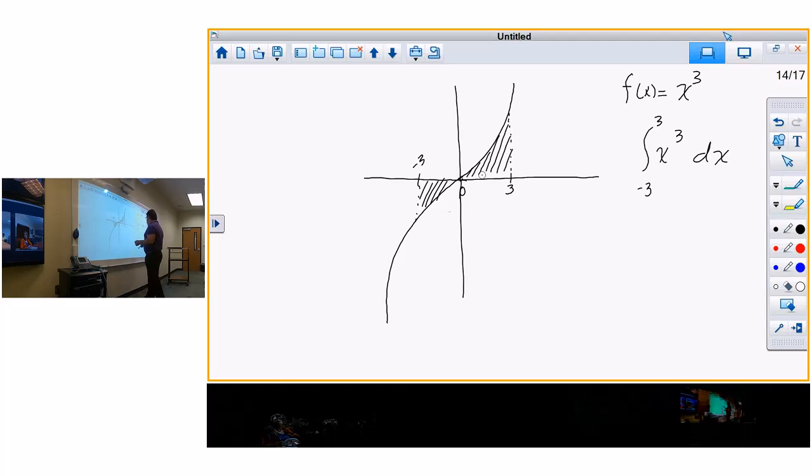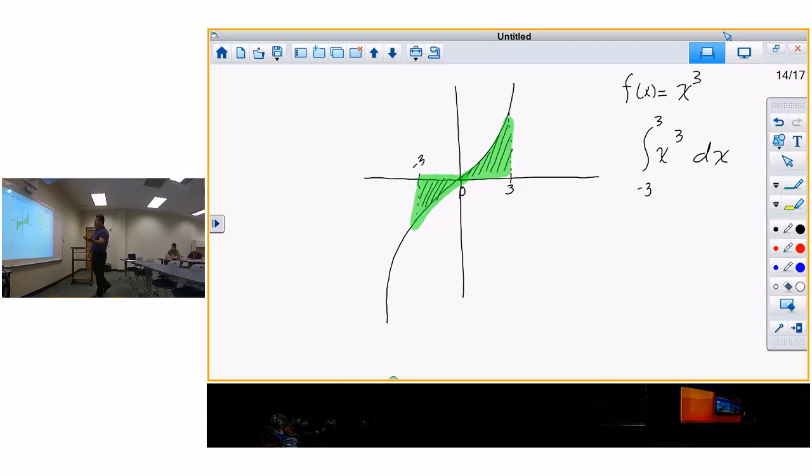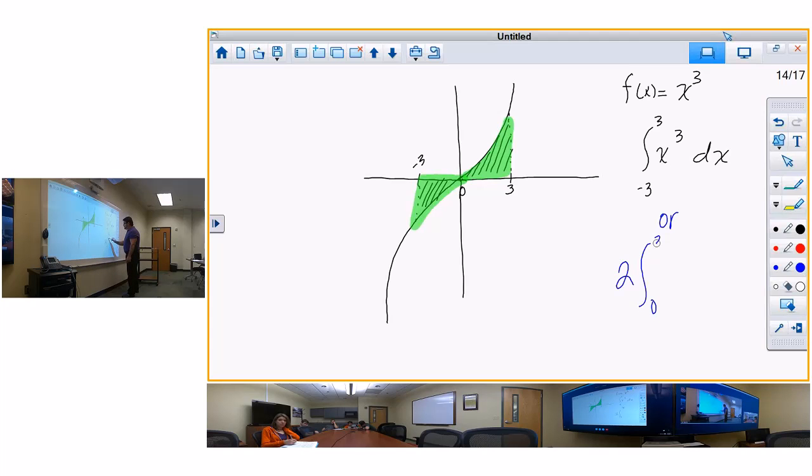So these 2 right here are what? What do you call something that looks the same? Symmetrical. If you have a symmetrical graph, you can do it from -3 to +3, or you can say 2 times the antiderivative from 0 to 3 of x cubed dx.